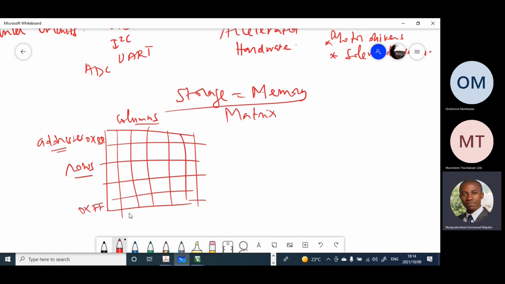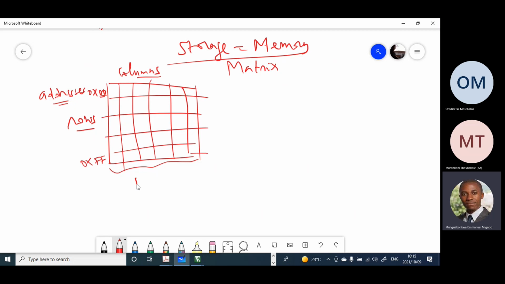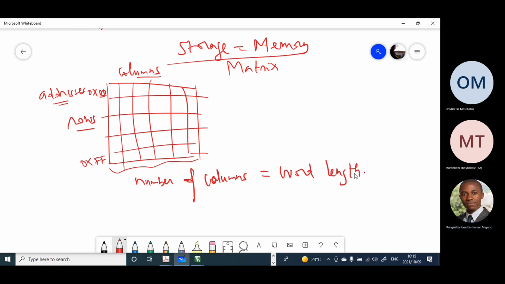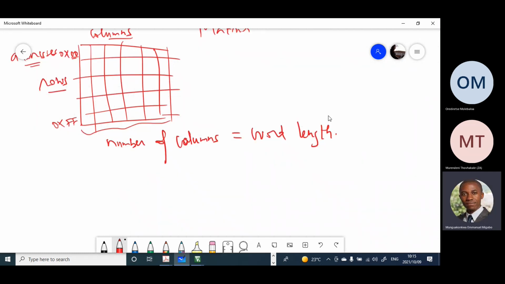Then you have the columns. Columns are what we call the word length of that memory device.